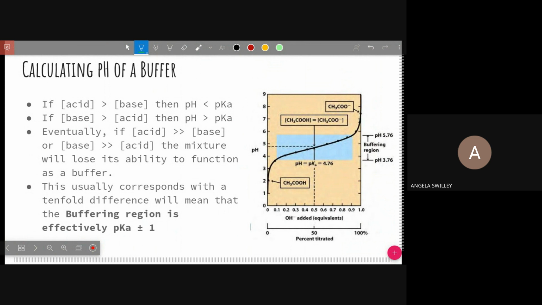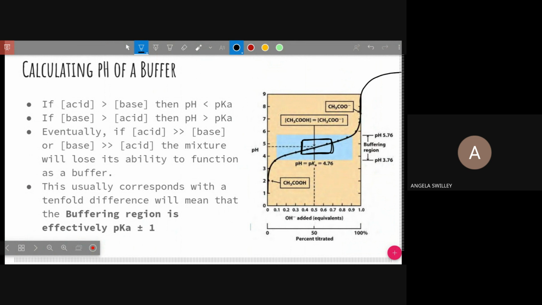Now remember, this is only showing a part of the titration curve. Here's the equivalence point, so it's probably going up more like this. And remember that this blue square is showing you the buffering region. Normally you'll even see it right in here, even tighter.